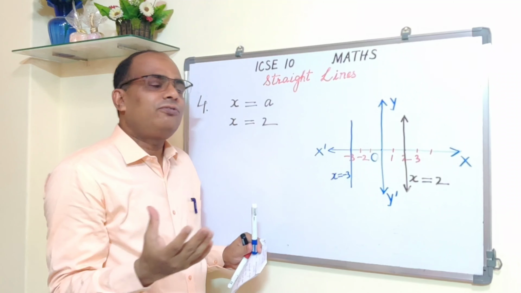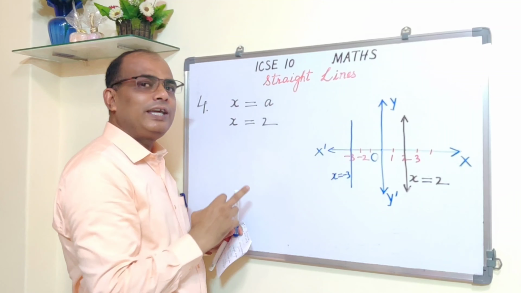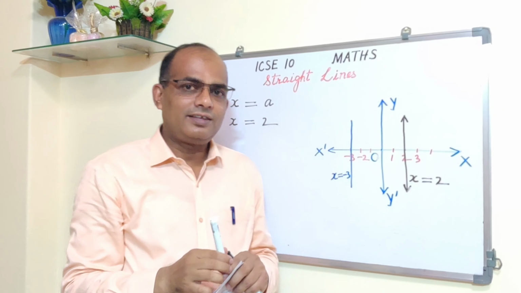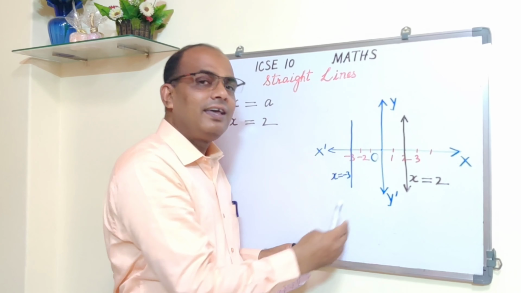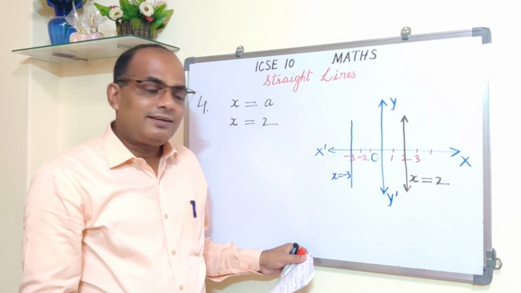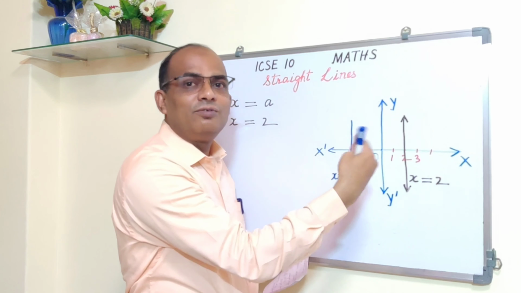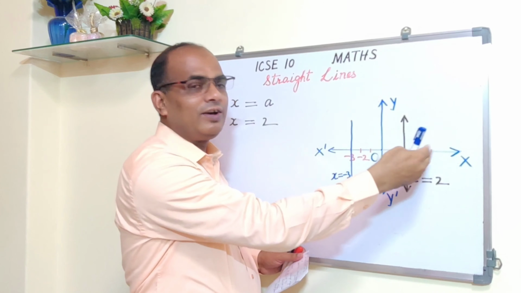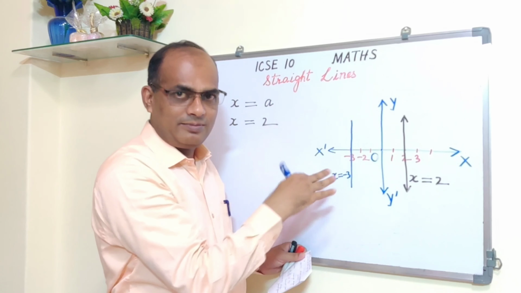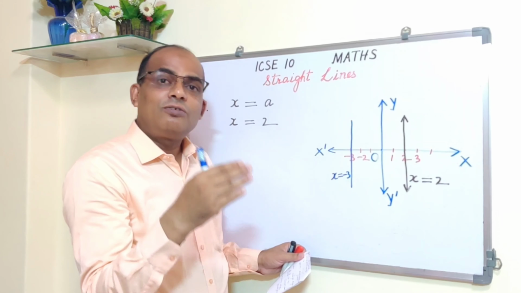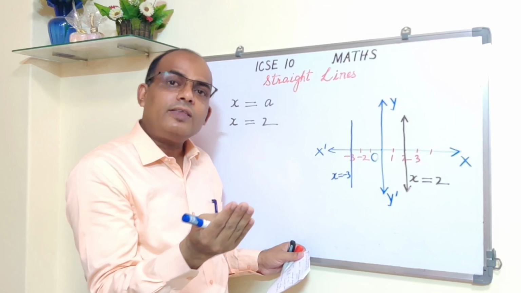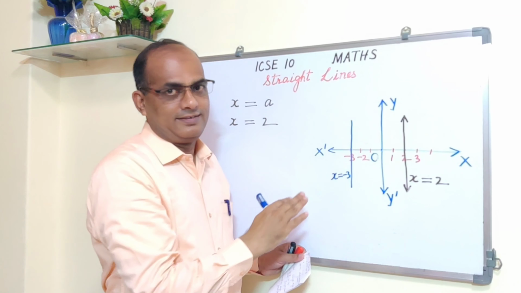Now in general, what is x is equal to a? X is equal to a is the equation of a line which is again parallel to the y-axis and at a distance of a unit. We don't know how much a is, maybe 3, 4, 5, 6, whatever, minus 2, minus 3, minus 4. In general, at a distance of a unit from the y-axis.